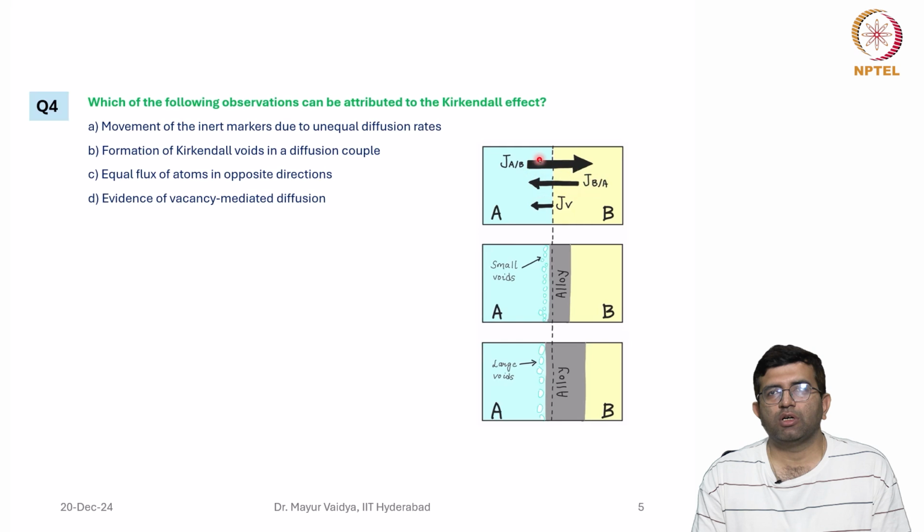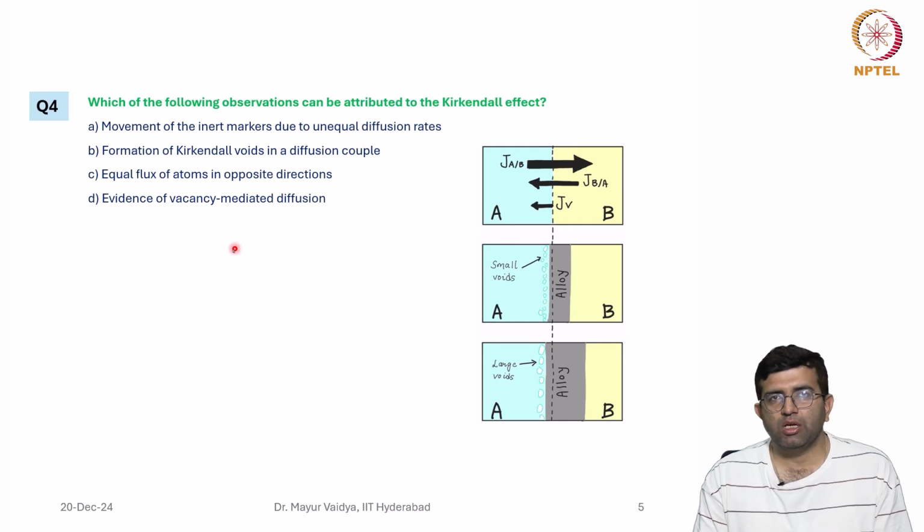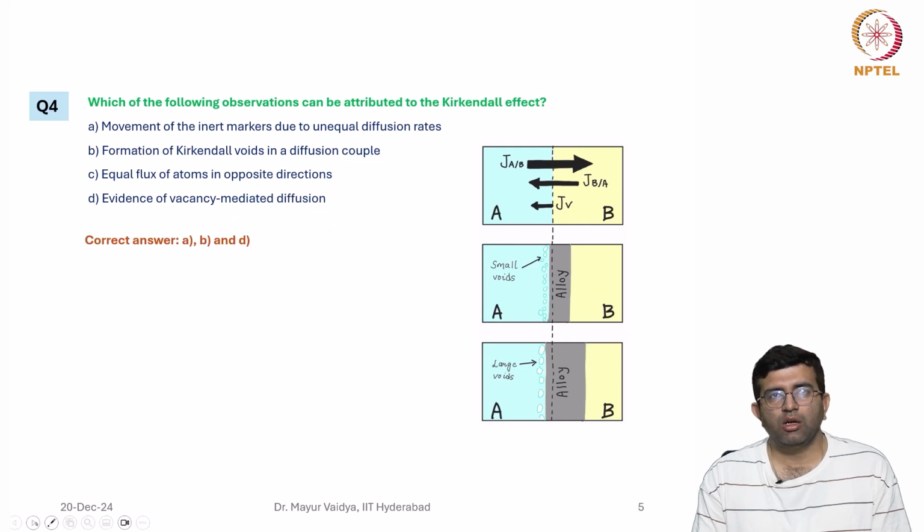This difference in flux itself causes the formation of the vacancies. So, this C is not a correct option. D, evidence of vacancy mediated diffusion, which is correct because the Kirkendall effect established that the diffusion rates are unequal, which is only possible when you have a vacancy mediated mechanism. So, the options A, B and D are correct.